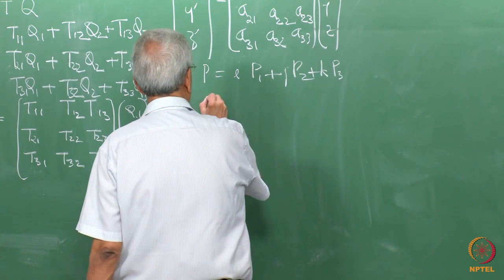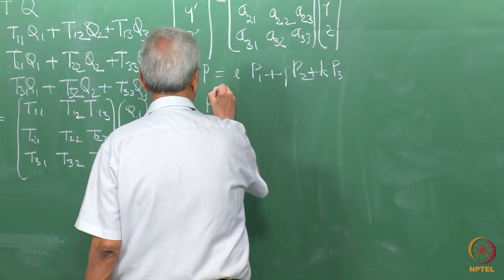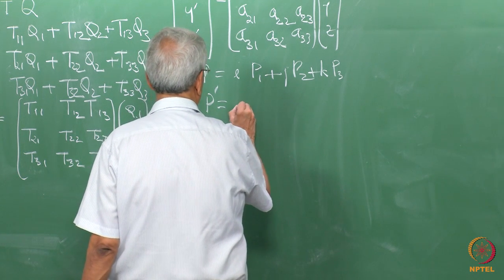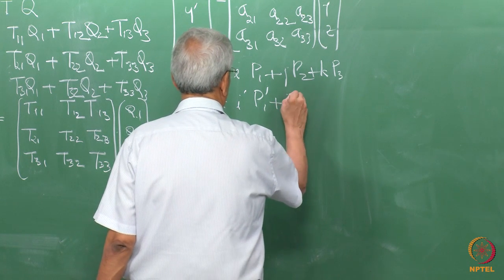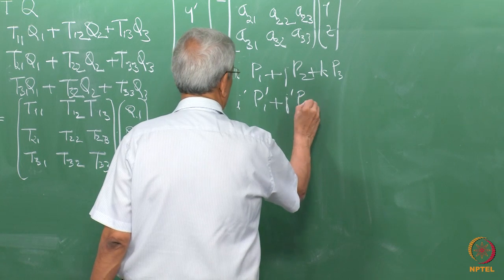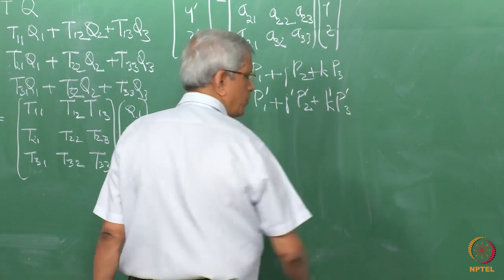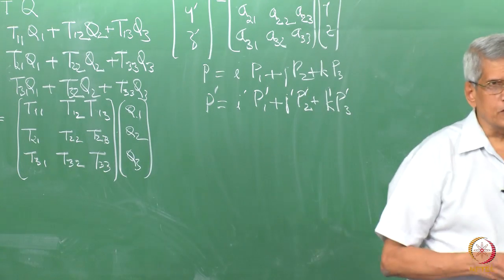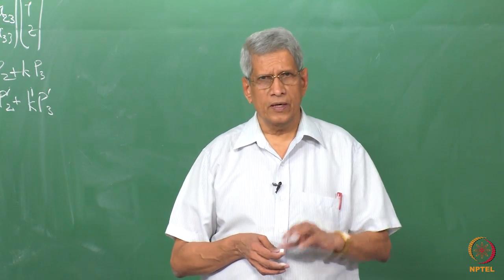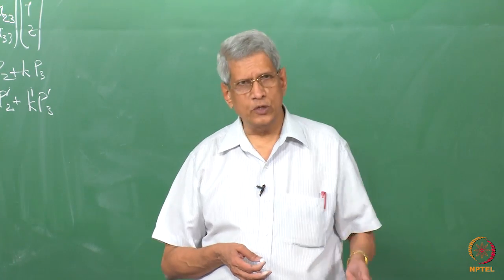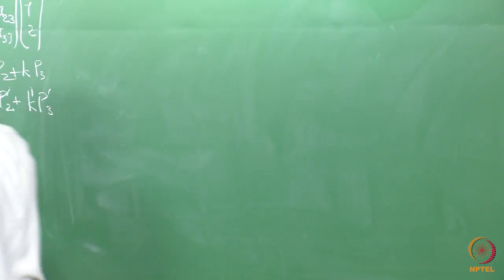And with respect to the new coordinate system, i dash p1 dash plus j dash p2 dash plus k dash p3 dash, correct? This is how the same vector is being represented. What will be the relationship between these two coordinate systems? Using this transformation of matrices we can get that.